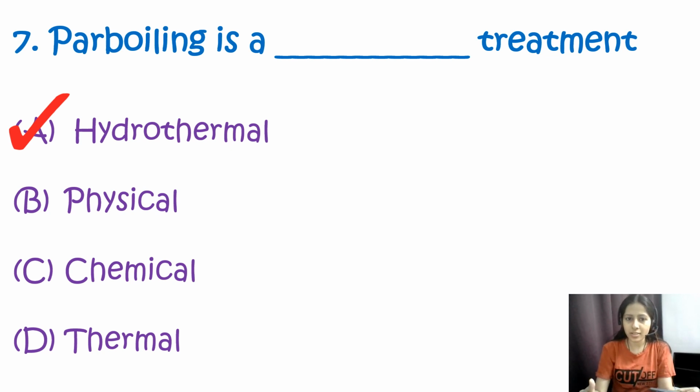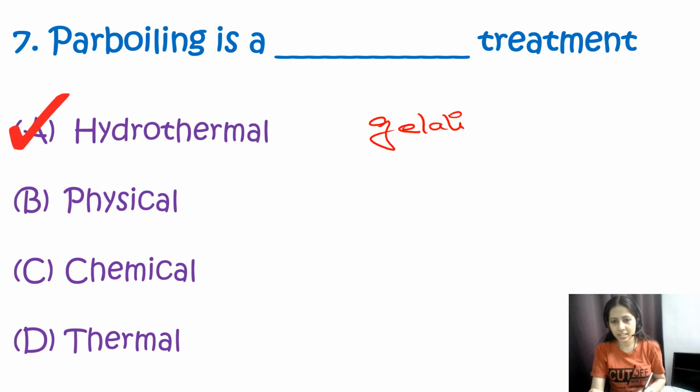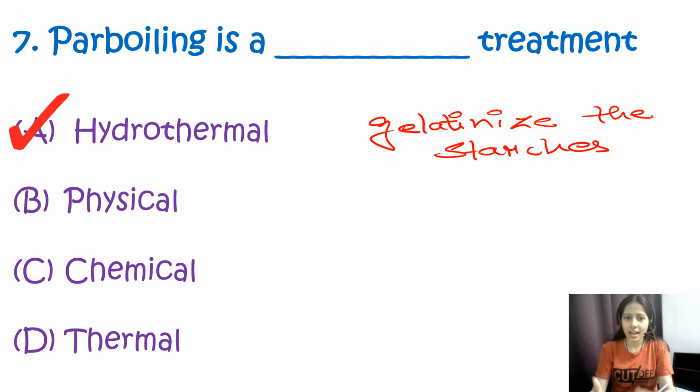This process helps to gelatinize the starches present in the rice, and thus it improves its nutritional profile, its texture and its cooking properties. So over here my correct option is A.